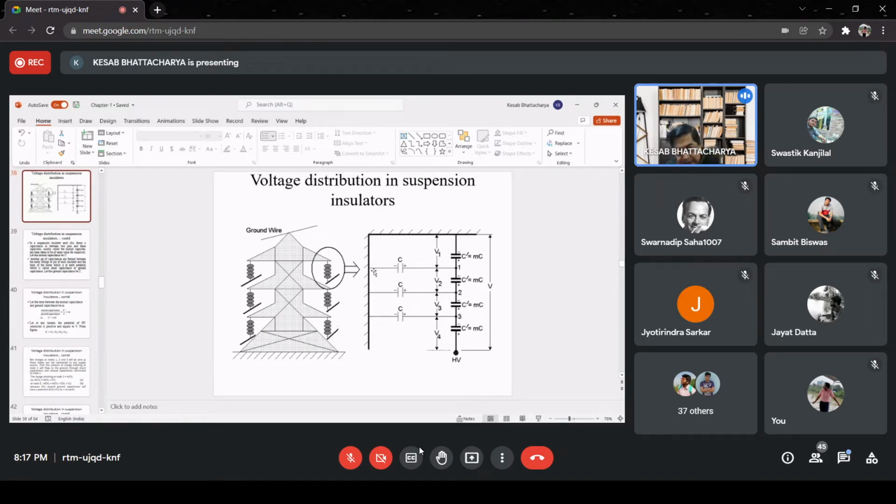So can we write this equation? MC V2 is equal to C V1 plus MC V1.